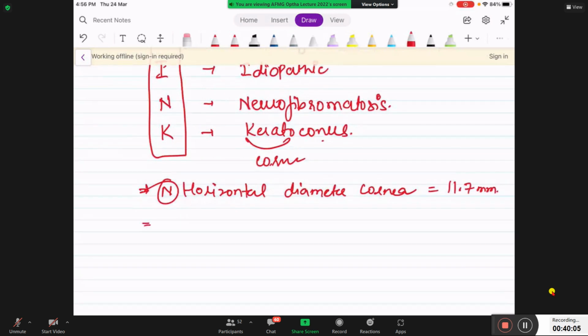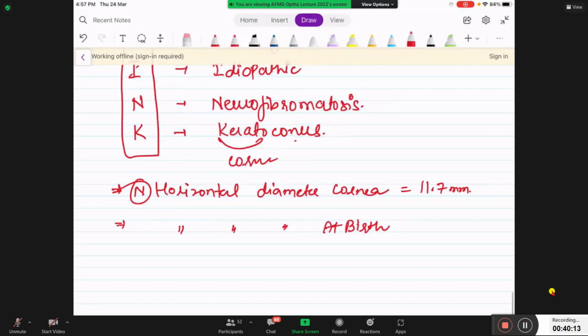Now, if they ask you the normal horizontal diameter of cornea at the time of birth, then the answer will be 10 millimeters. This 11.7 is in adults. At the time of birth, it is 10 millimeters.